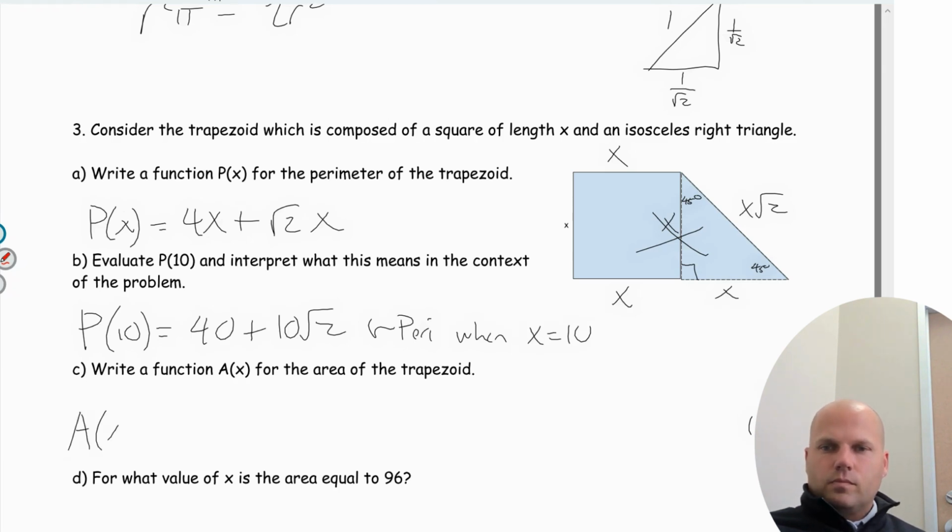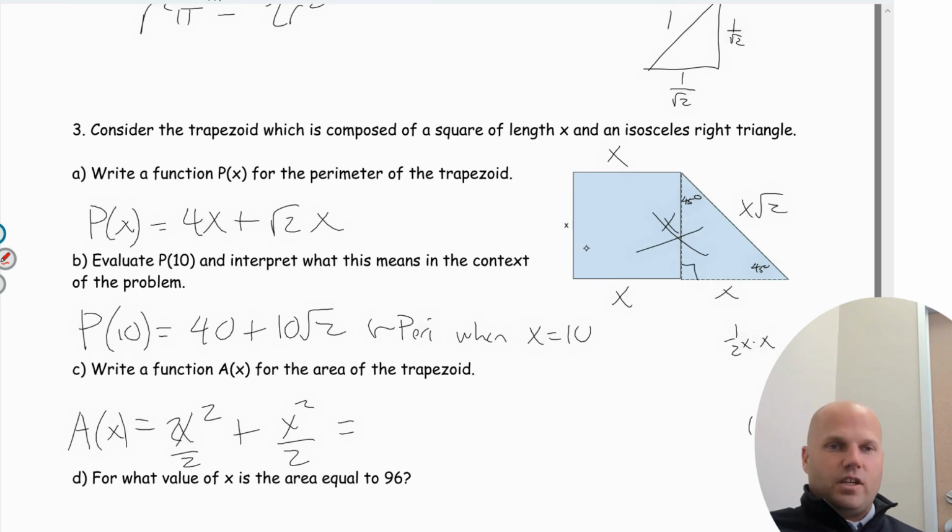Area. I have x squared, then I have 1/2 base times height. So this would be 1/2 x times x. So I'd have x squared plus 1/2 of that x squared, which is actually 3/4 of an x squared.